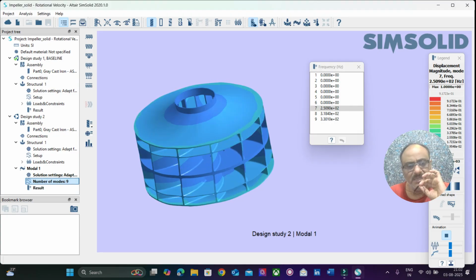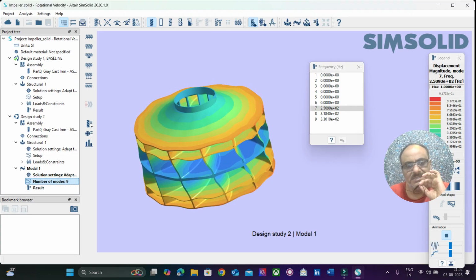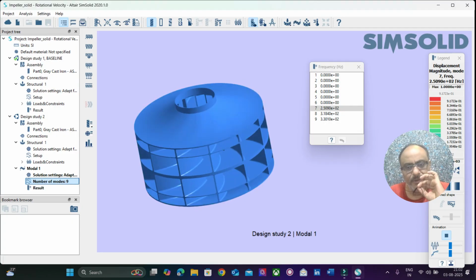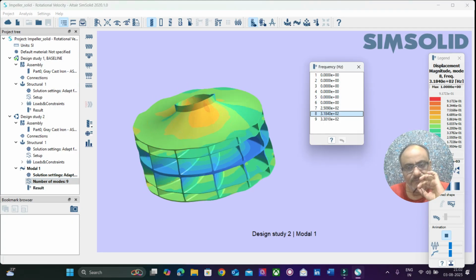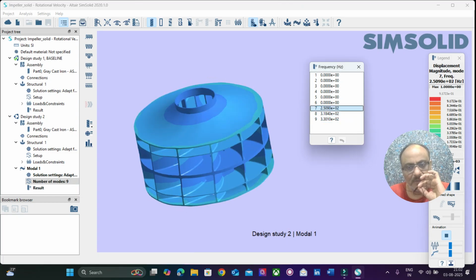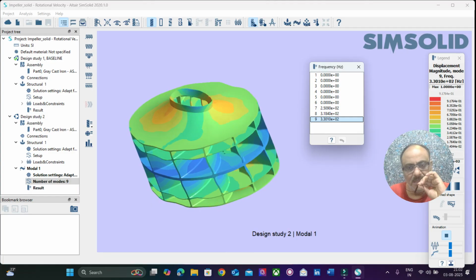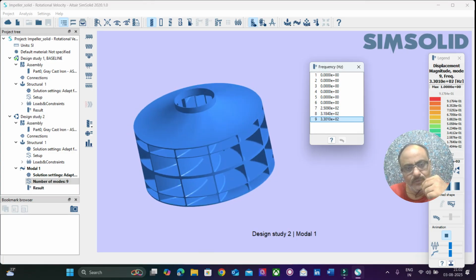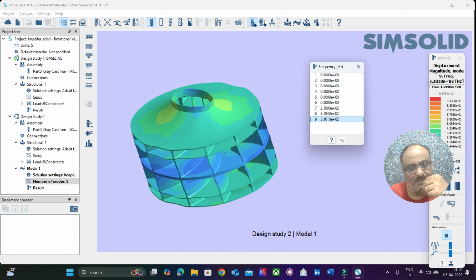That is, the impeller doesn't rotate; it is static, simply suspended. At that point, there are these 3 sets of frequencies that we have.